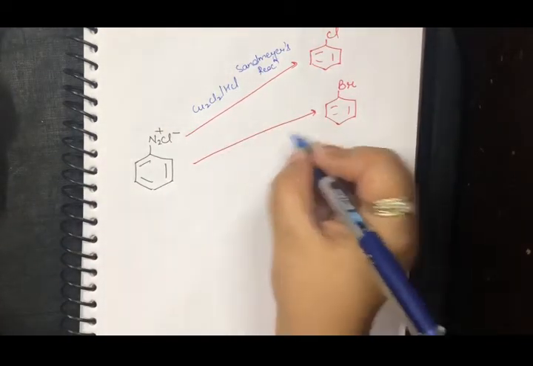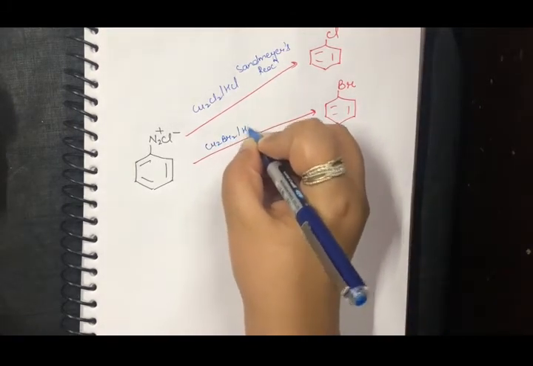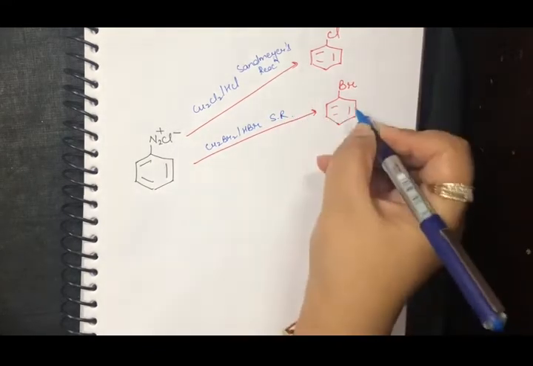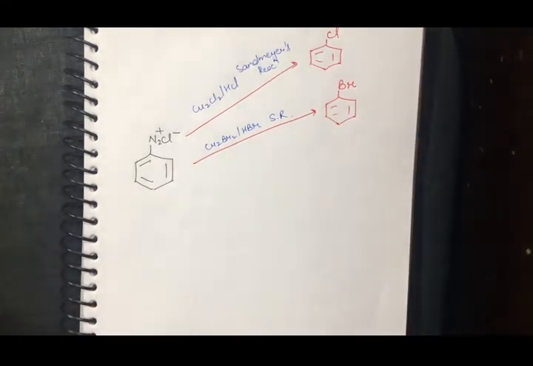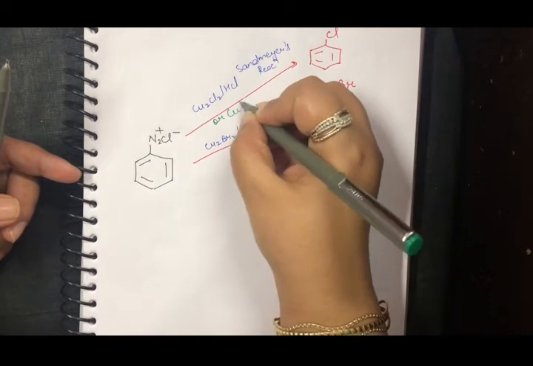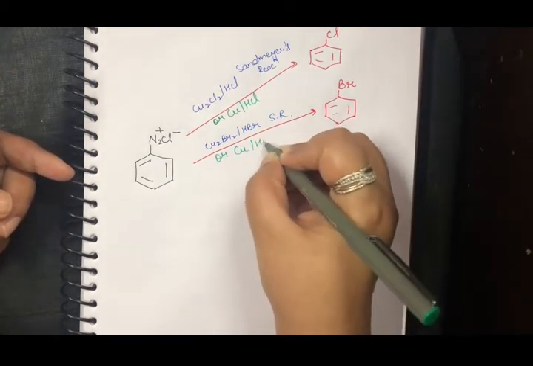Similarly, for converting into bromobenzene, you can add Cu2Br2. It is a dimer, so it can be added like that also. It is again your Sandmeyer reaction and you will get a bromobenzene. But there is one more thing that you will have to remember, that this can be achieved via different reagent also, by adding copper in the presence of HCl, and here you can add copper in the presence of HBr.